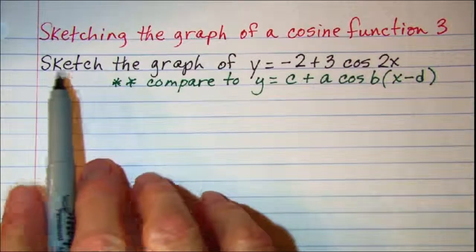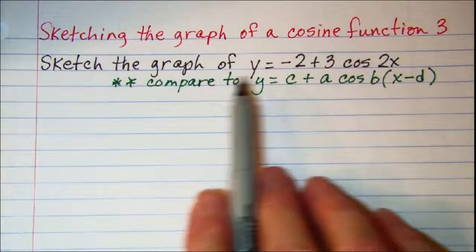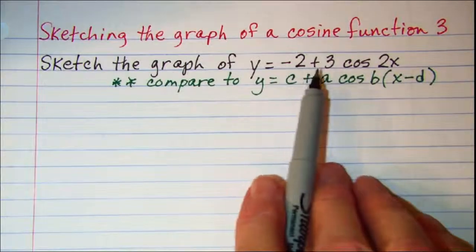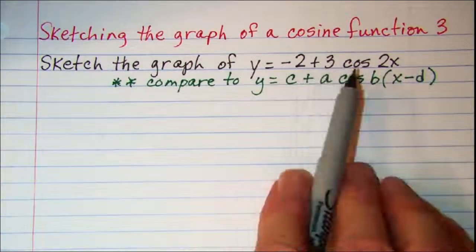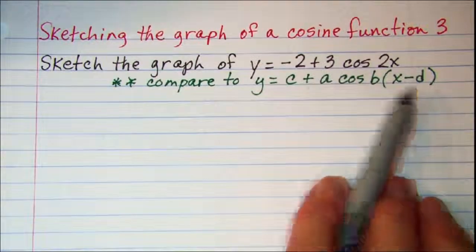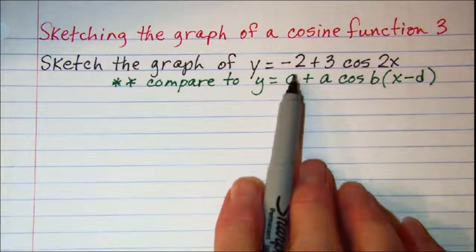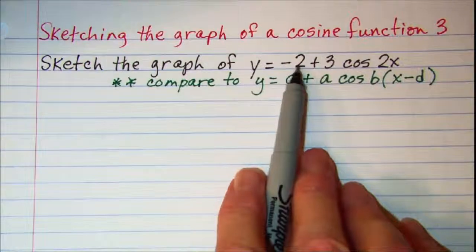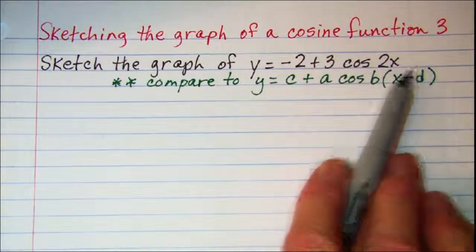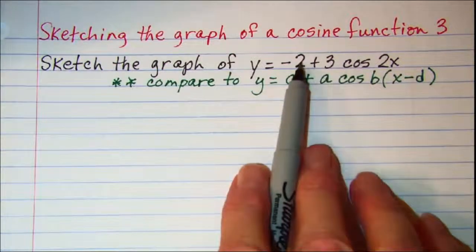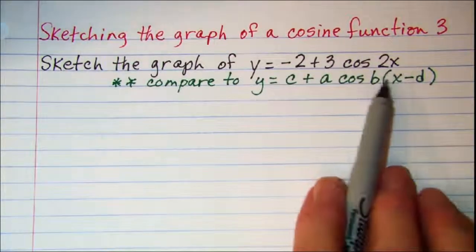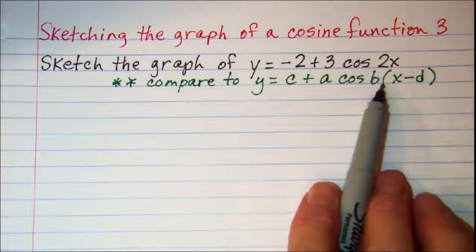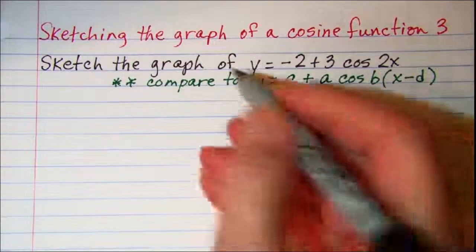The problem that we'll be looking at is to sketch the graph of y equals -2 plus 3 cosine 2x. Now we're going to compare this to this generic equation. Notice that I have a number added to the front of my 3 cosine 2x, so that's the value of c. And I'm going to rewrite the back of this so that we can find the value of b and the value of d.